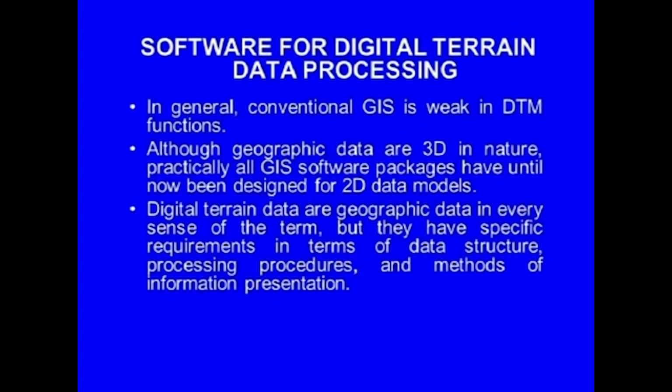Although geographic data are 3D in nature, practically all GIS software designed up to now uses 2D data models. Digital terrain data are geographic data in every sense of the term, but they have specific requirements in terms of data structure, processing procedures and the methods of information presentation.